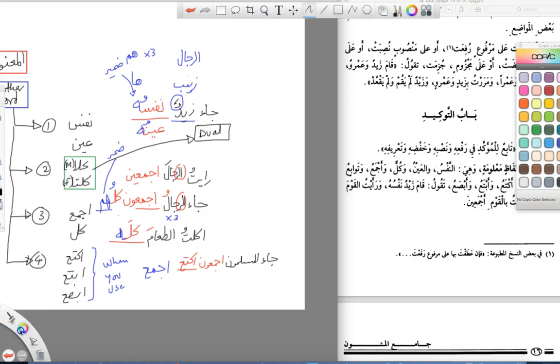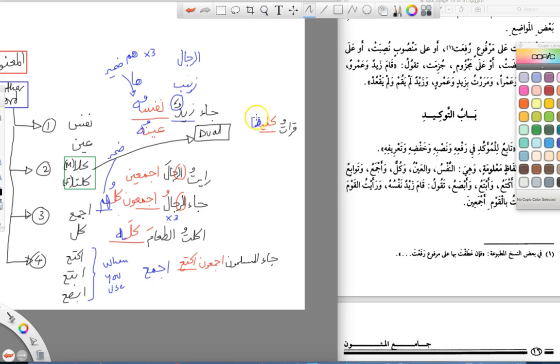For example, let's say there are 2 books, and I read the 2 books. I say something like this: qara'tu, and then I bring it over here. Now, I would say kilay. Let me explain why I say kilay.